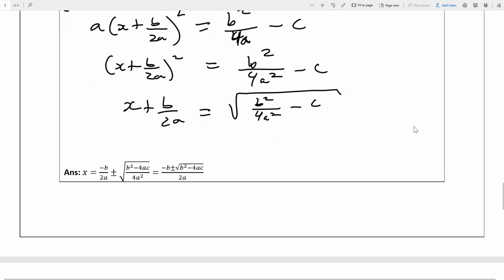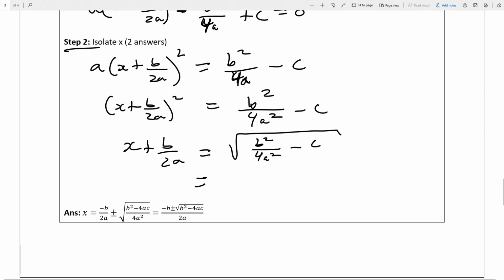Okay, and then we're just going to do a little manipulating and simplifying. On the right side, we have b squared divided by 4a squared minus c. Oh, sorry, I made another mistake. You need to divide c by a too, because when you divide by a, you need to divide everything here by a.